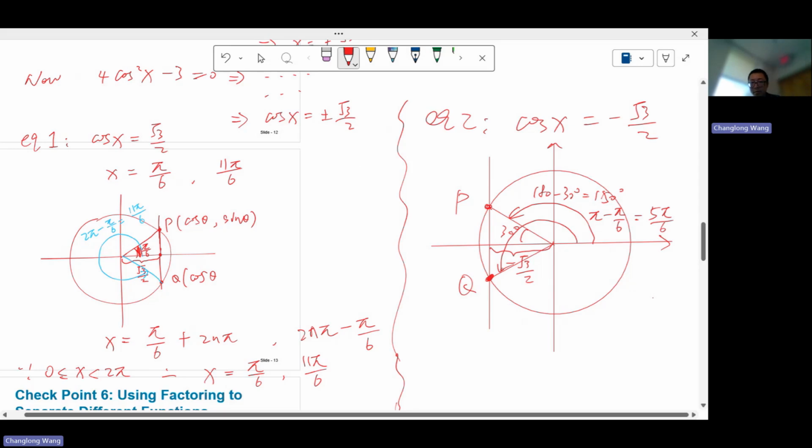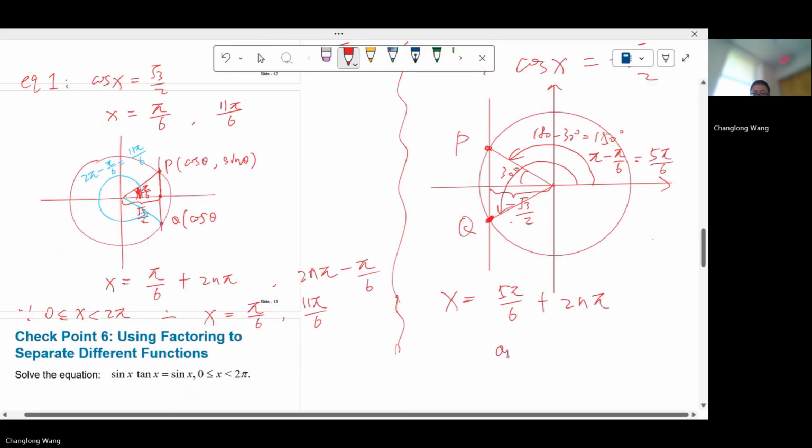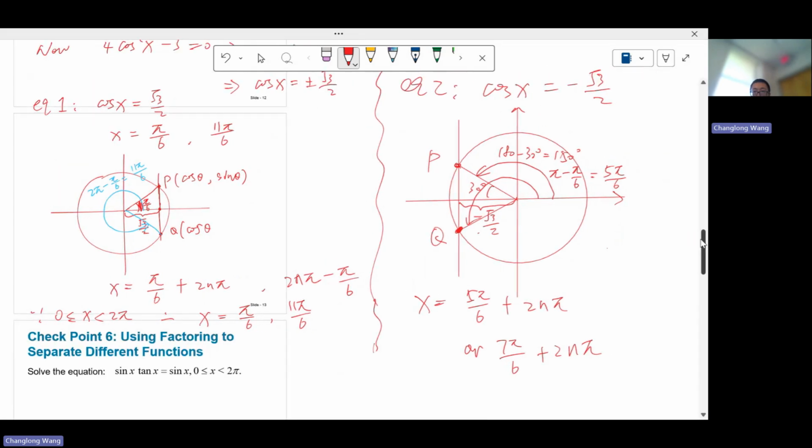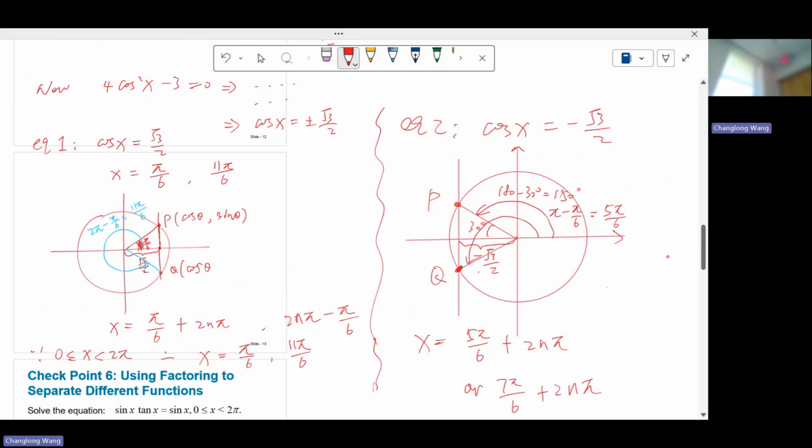So basically x is 5 pi over 6 plus 2n pi, or 7 pi over 6, because we're adding pi over 6 to the pi, plus 2n pi. That's the fancy way to write all possible solutions. But they are rooted at these two fundamental angles. And the way to find those two fundamental angles is, like it or not, the geometry using the unit circle.